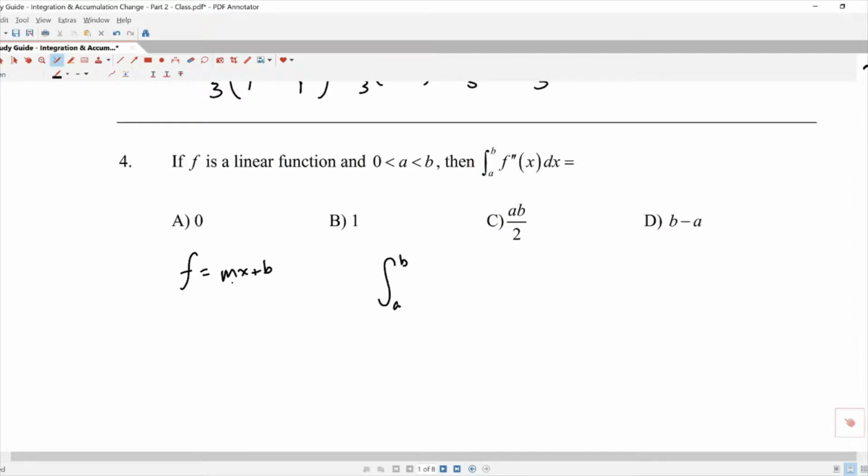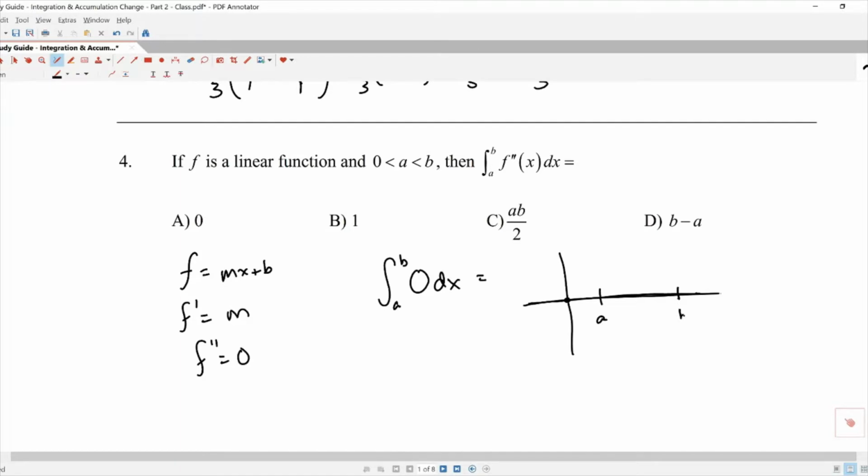Well, if f is a linear function, then f prime is just a constant. So f double prime is 0. And if we think about a graph here, the function 0 is just the x-axis. And so the area from a to b is just going to be 0.